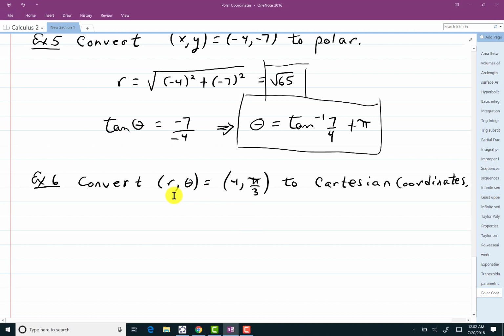Let's see. For this, if r, theta is given, we wrote this earlier, x equals r cosine of theta. So that is 4 cosine of pi over 3. So x equals 4 times 1/2, which equals 2.